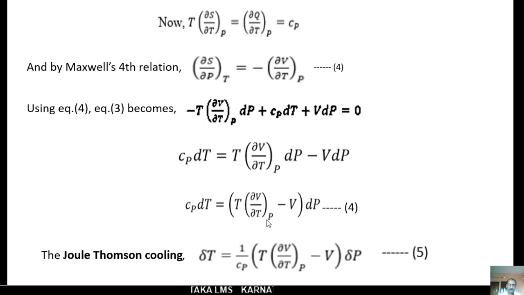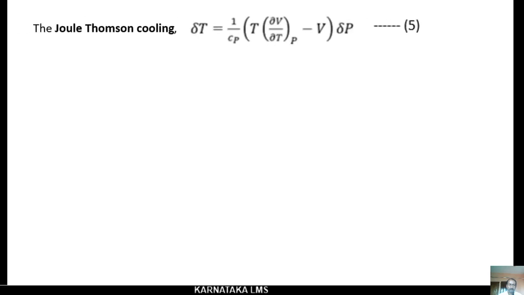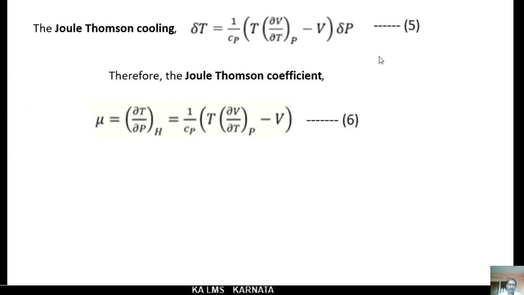The RHS of equation 4 remains the same, that is T into ∂V/∂T minus V into delta P. Let it be equation 5. Hence, this is Joule-Thomson cooling, that is equation 5.